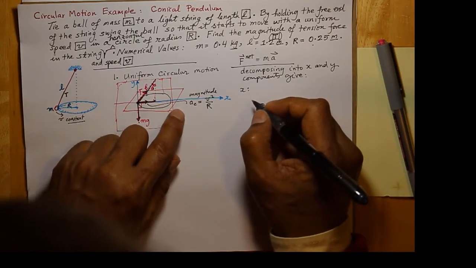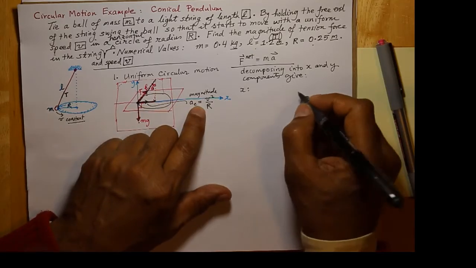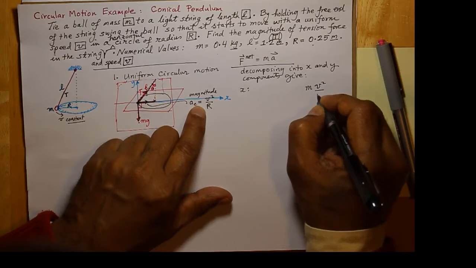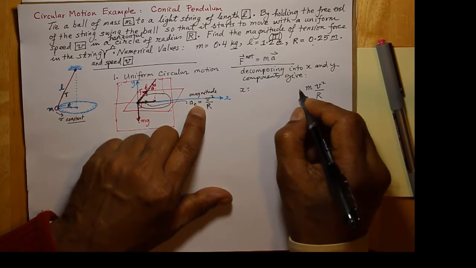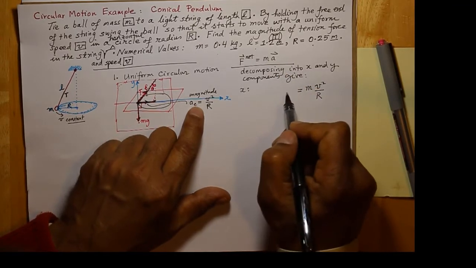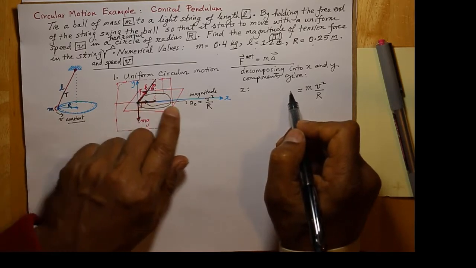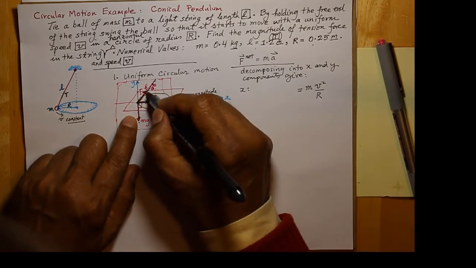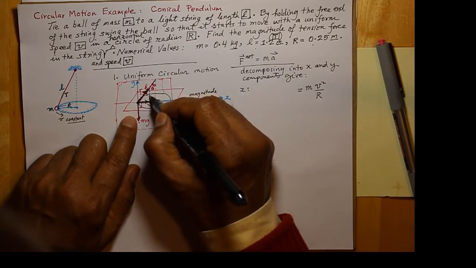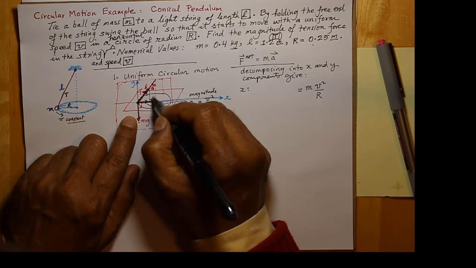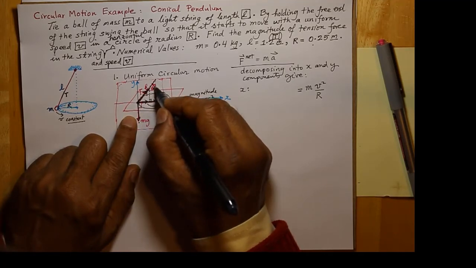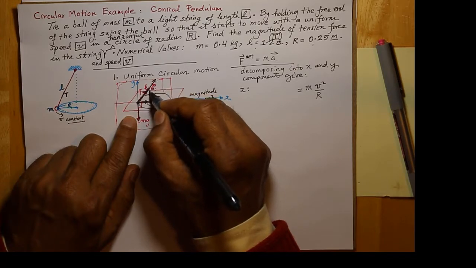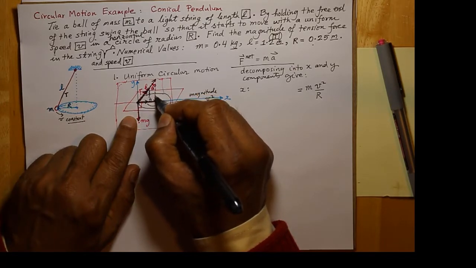I'm going to get acceleration is going to be positive, so mass times v squared over r. So that's for the ma on the x component. The force will go here. Mg has no x component, it's perpendicular to x. So tension will be the only one. If the tension is that way, I draw a 90-degree angle on it. If you go all the way to there, that will be easier to work with, because 90 is right here.